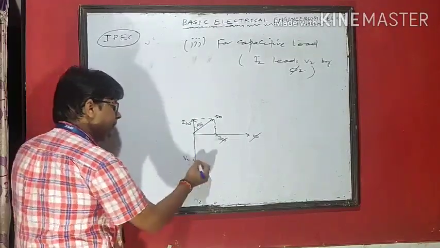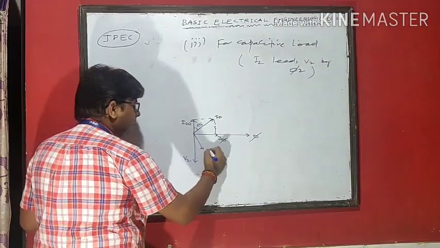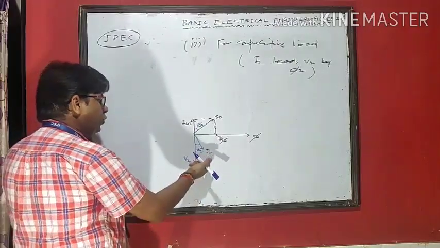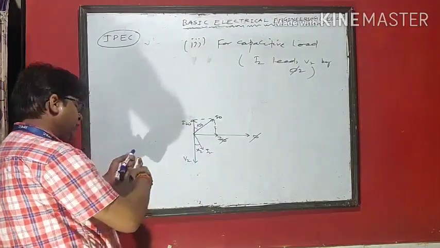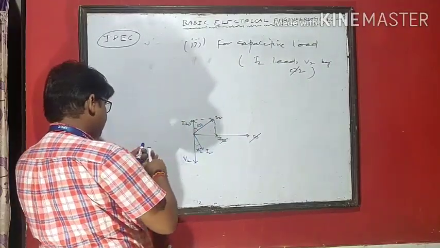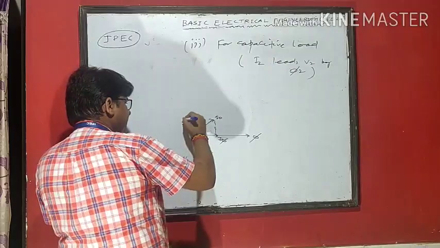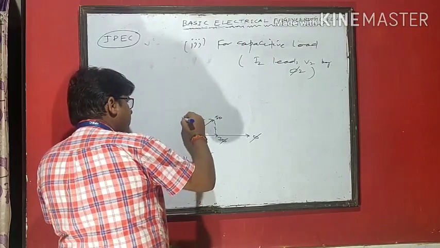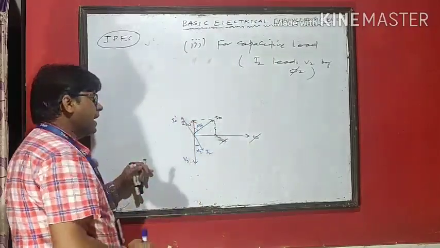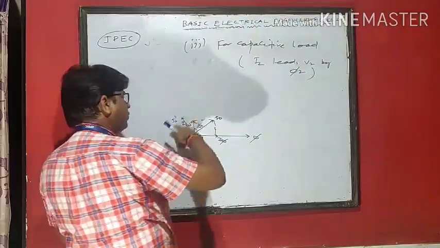Leading means this way, so I2 is taken here. I2 dash is the opposite of I2, same magnitude but opposite direction. The resultant of I2 dash and I naught is I1.